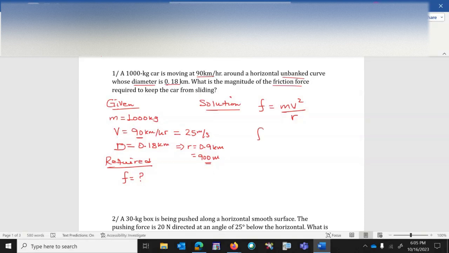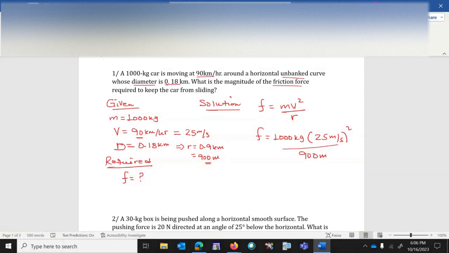So F is equal to 1000 kilograms times the velocity, 25 meters per second, the whole squared, over the radius, which is now 900 meters.